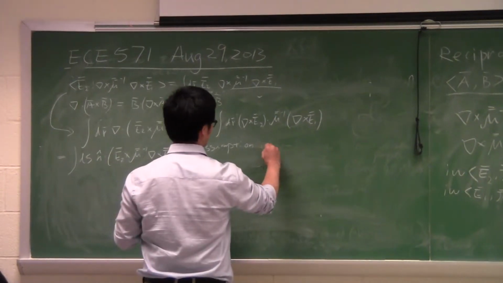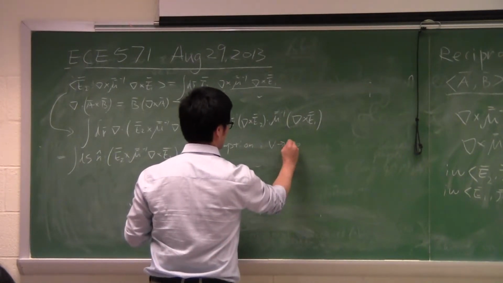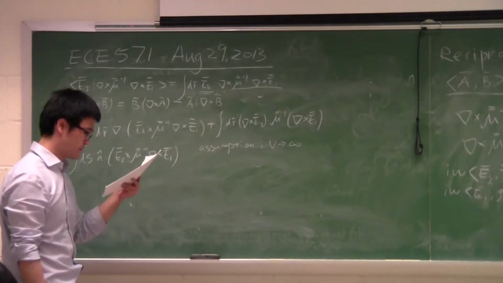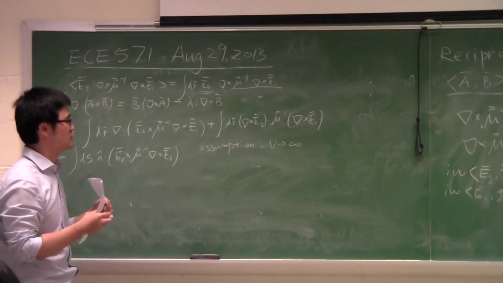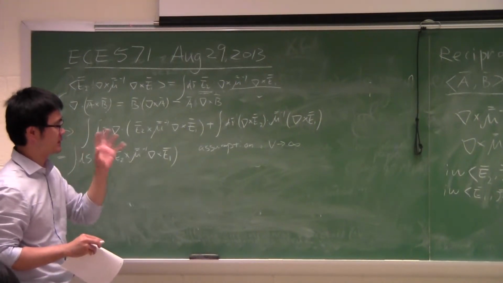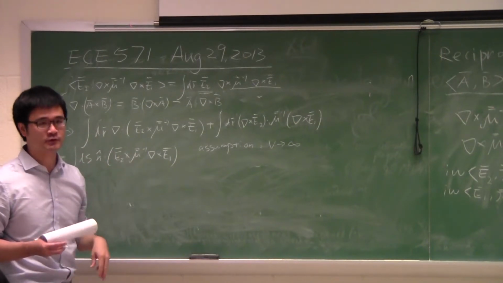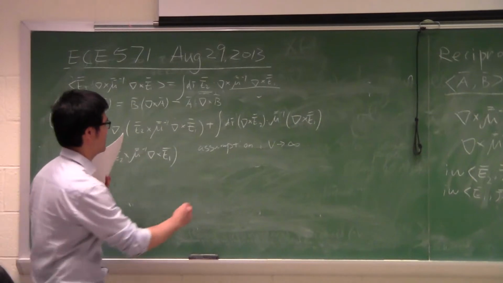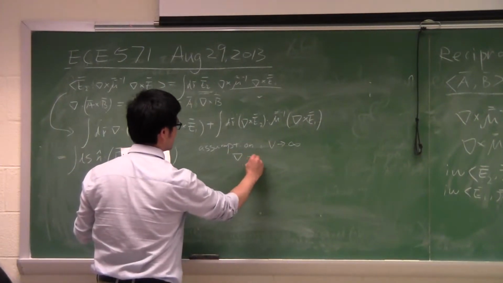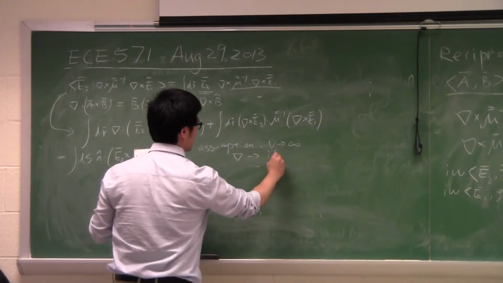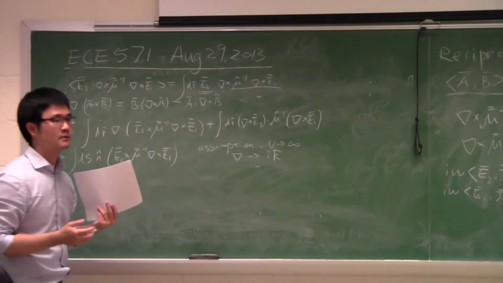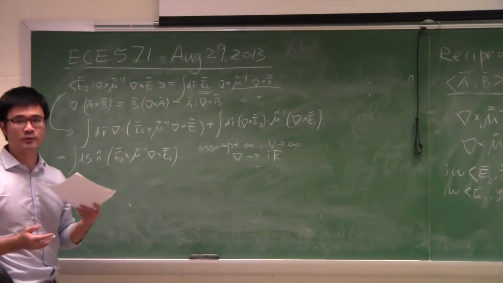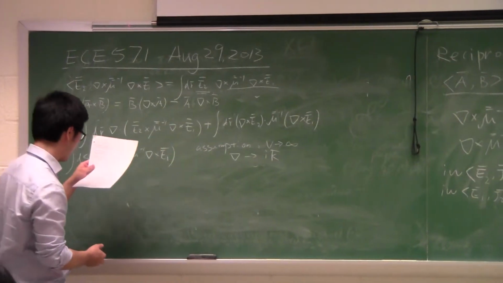So the assumption is that V is approaching infinity. And as V approaches infinity, the field generated by the source approaches a plane wave. So using the plane wave assumption, this del function will just become iK, where K is the plane wave wave vector.